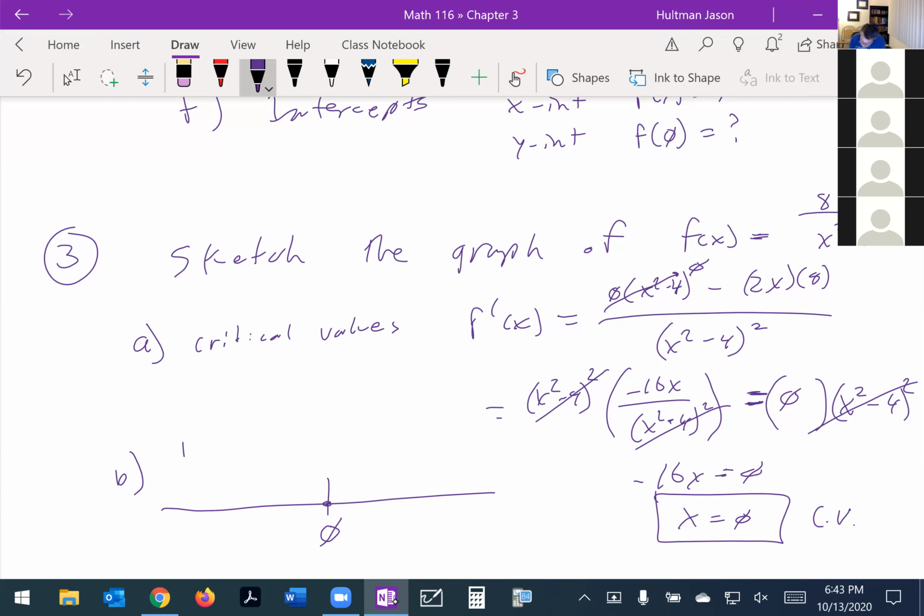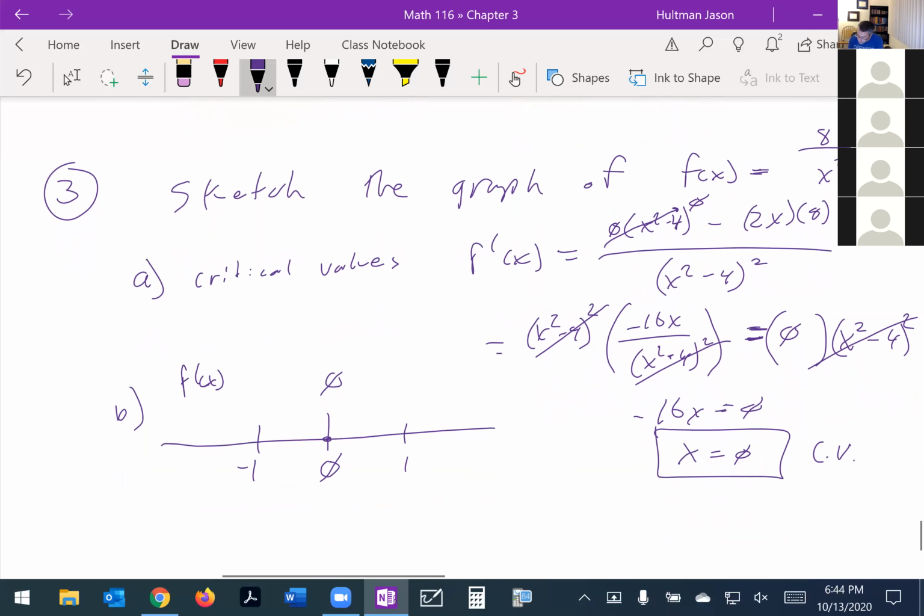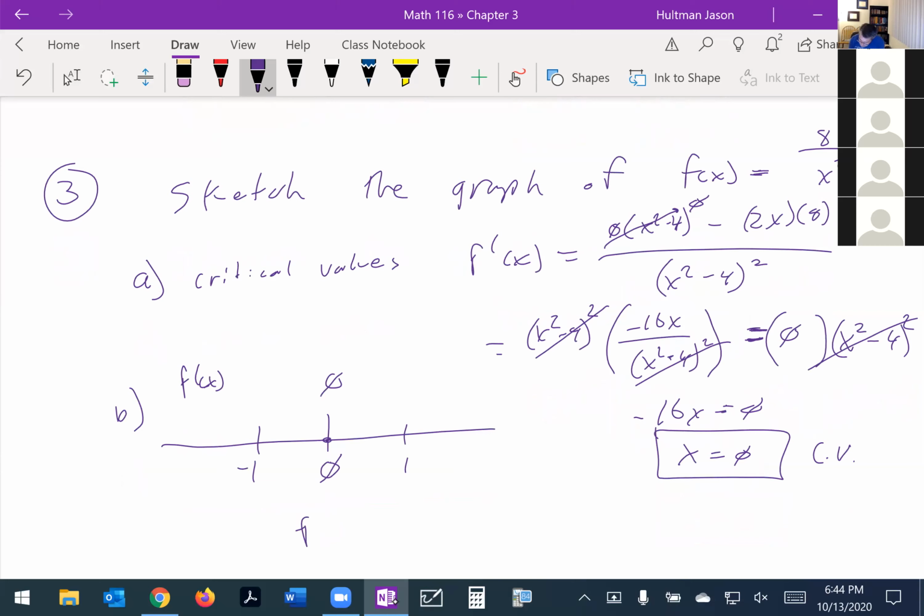We know that the derivative is 0 at 0, but what about at -1 and at +1? What was the derivative function? The derivative function was negative 16x over x squared minus 4 squared. Before I multiplied by the denominator, that's what the derivative function was.